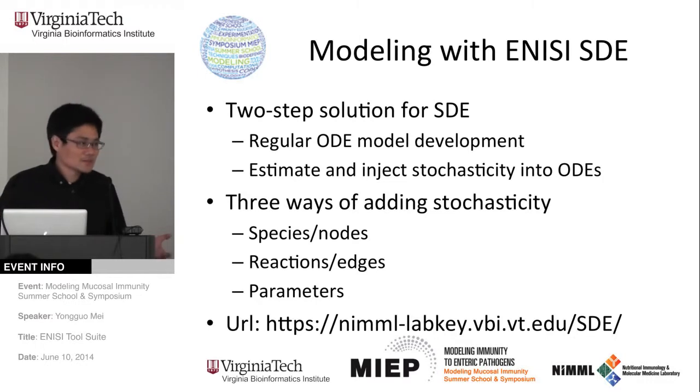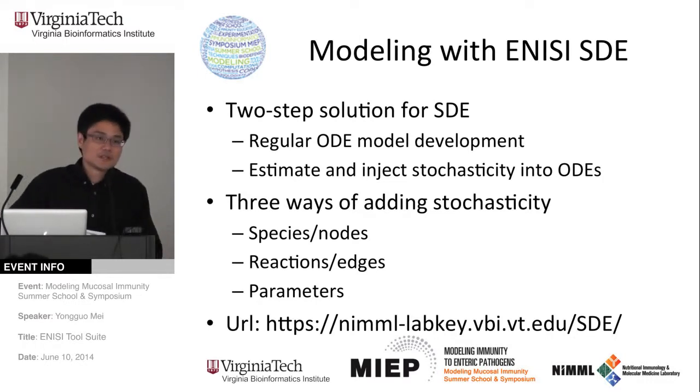So the first step, you kind of already learned. Let's build the average case first. Let's calibrate the model using ODE. Let's calibrate the average behavior. And then let's see what the critical species are that you have observed with a lot of stochasticity.